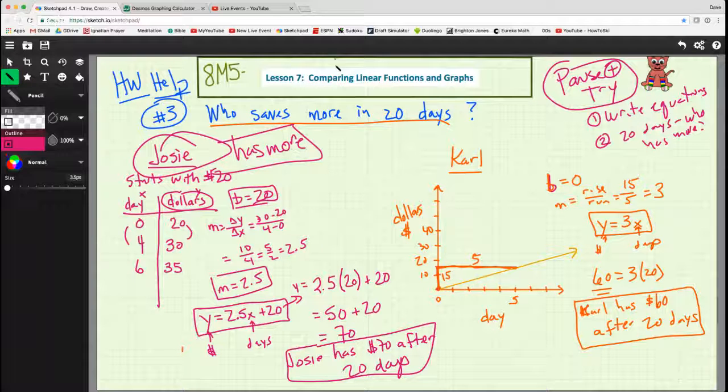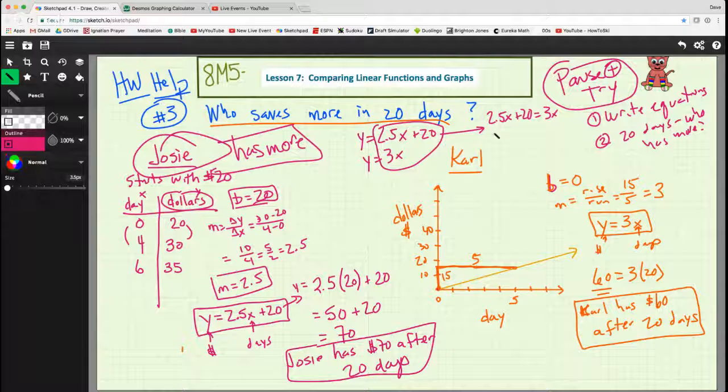If you wanted to figure out when they have the exact same amount, you would just set the equations equal to each other. So you would say, y equals 2.5x plus 20, and then y equals 3x. You would use substitution, I think, because that's easiest. And so you'd set those two equal. And you'd say, well, 2.5x plus 20 equals 3x.